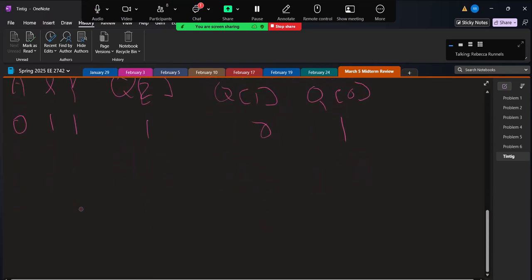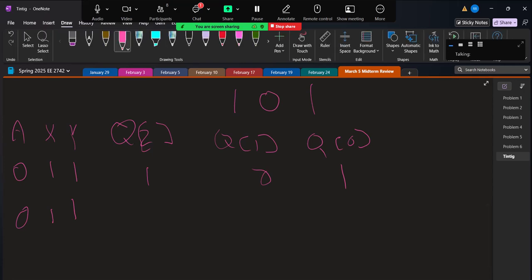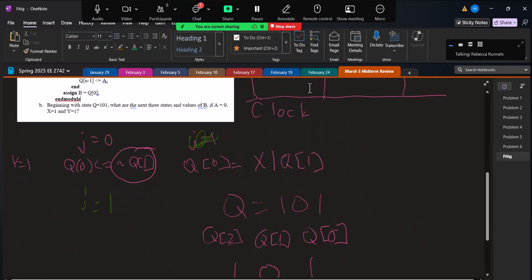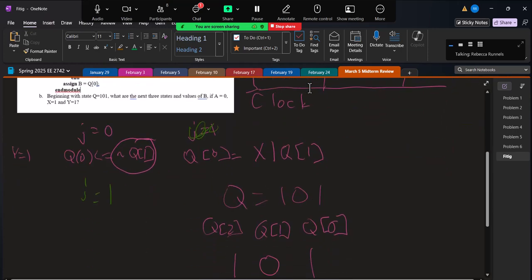And actually, these were the former values, and we're starting here. And we need to know the next values, and we need to know the value for B. Okay, Q2 is easy. What did Q2 equal? This is looking at our circuit. This is Q2. Q2 is going to be A.